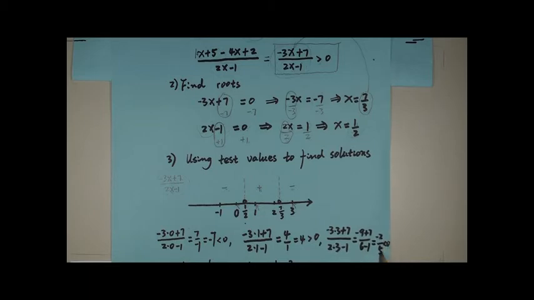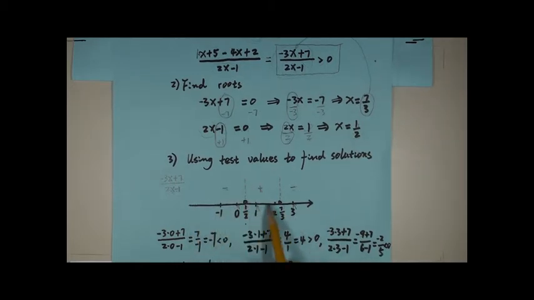So negative 2 over positive 5 is a negative number. So in this range, on the left, negative. Between these 2 points is positive. And greater than that, you get negative for the whole thing.